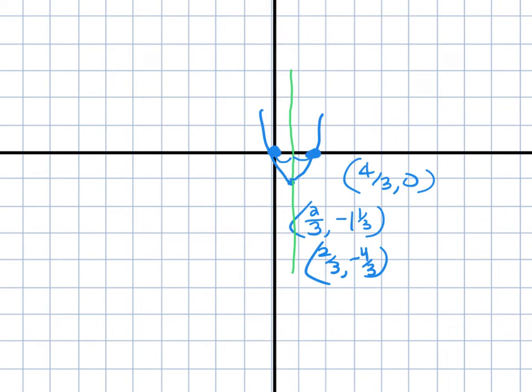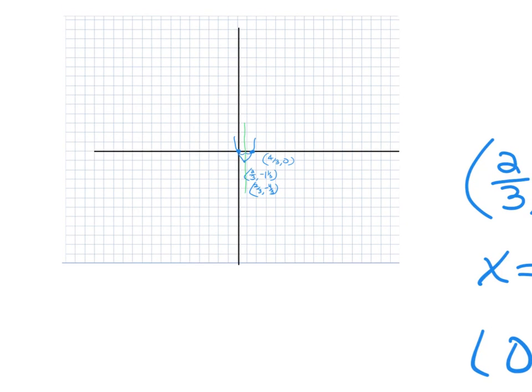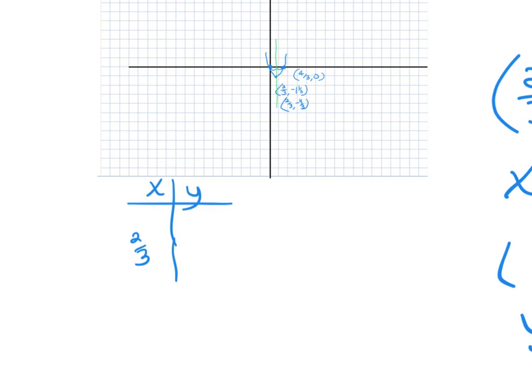Now, again, we can also do a table of values, and I'm also going to show you how we could have factored the equation to get the x-intercepts. So let's just do a table and just confirm that these points that I plotted were good. So if I do my little t-chart here, again, remember your vertex was 2/3. So let's pick a point that's less than 2/3. So again, easy one would be 0.